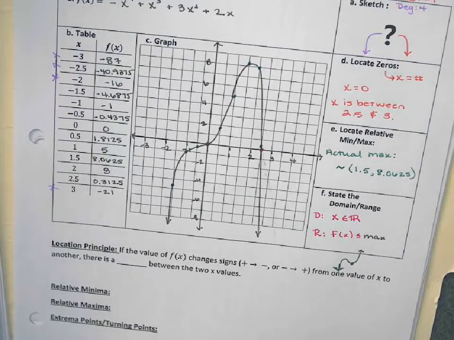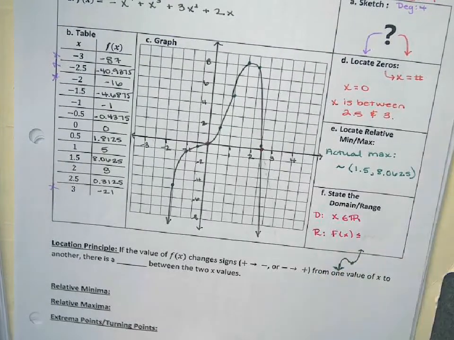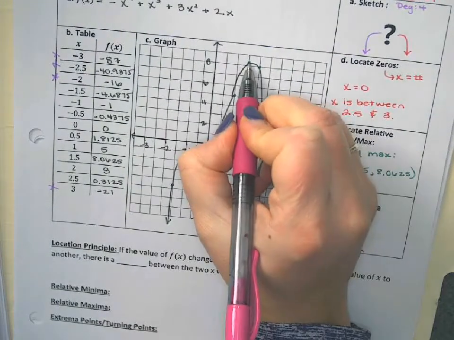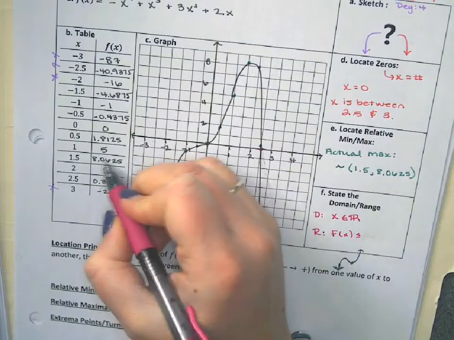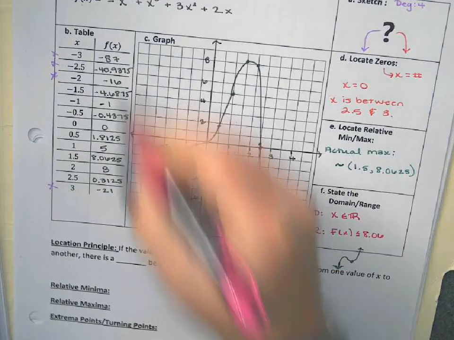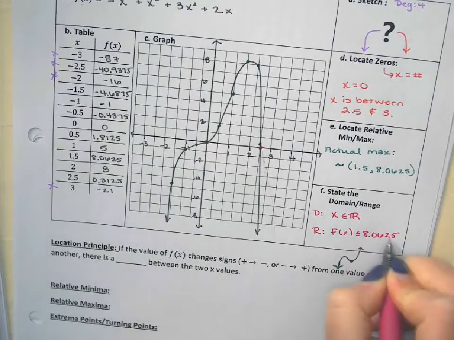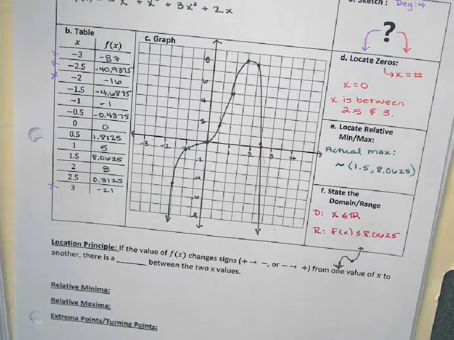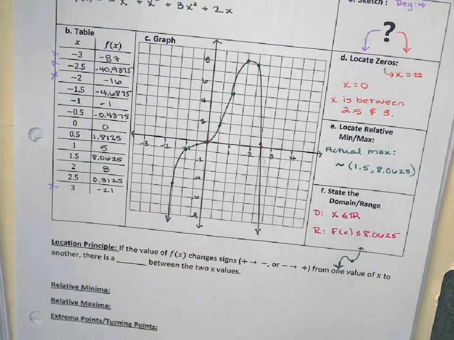We're not going to leave it a maximum now because you can actually see approximately where that maximum is. What was the maximum value for your y? It was at that 8.06 number. So all the numbers for your range are below that 8.0625 number. And that's approximate. We're just getting that based on our graph, what we can see, but it's somewhere close to that. Okay, so that's how we would write those.